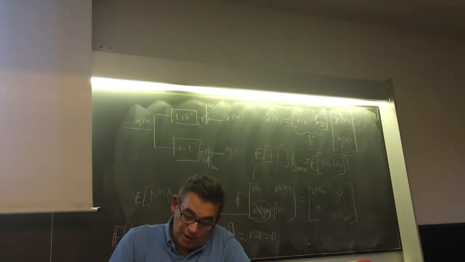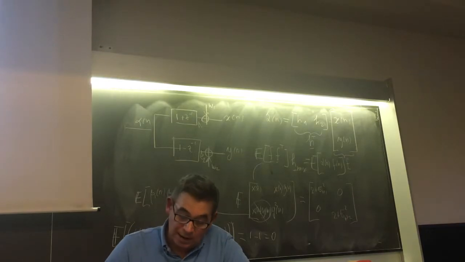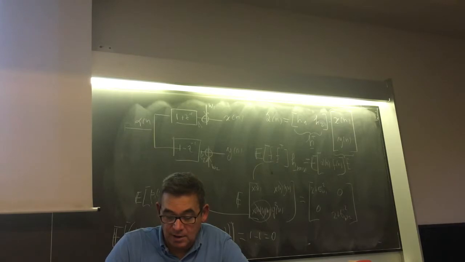So, if xn is stationary, then anytime you calculate the expectation of xn, a vector of entries, times xn transpose, this correlation matrix is of Toeplitz structure.